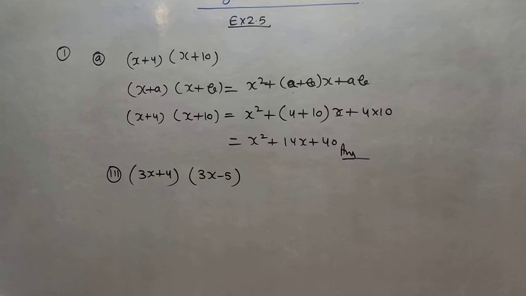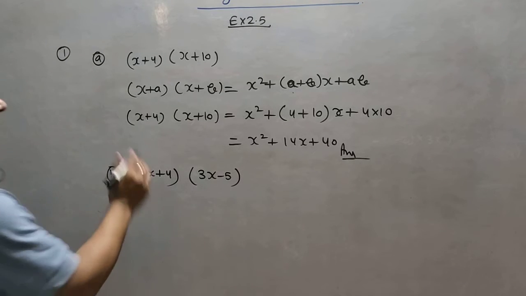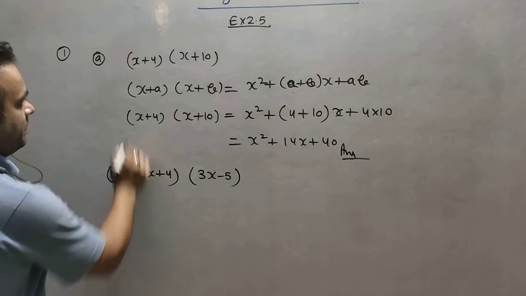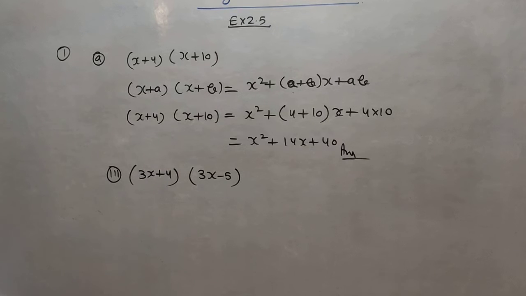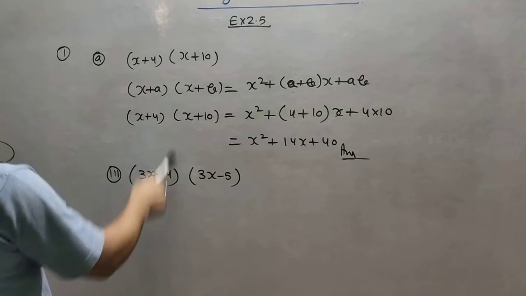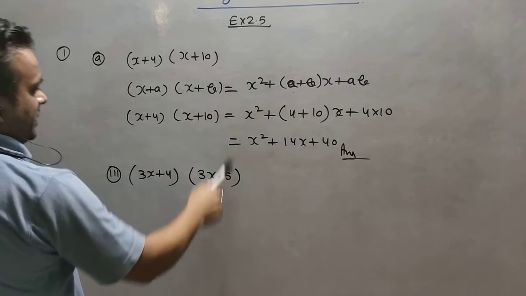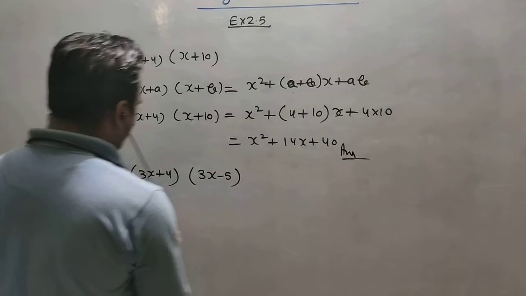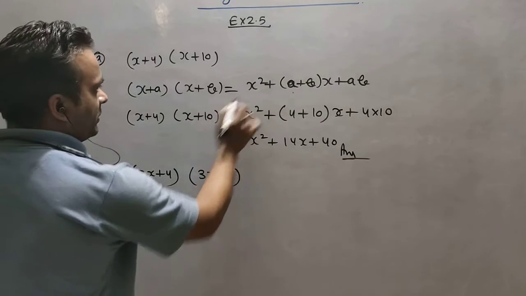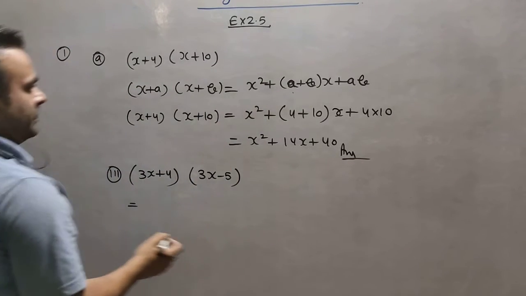So you can see in place of x we are using here 3x. So again identity we will use same, but how? In place of x we are putting here 3x, and in place of a we are having 4, in place of b we are having 5.